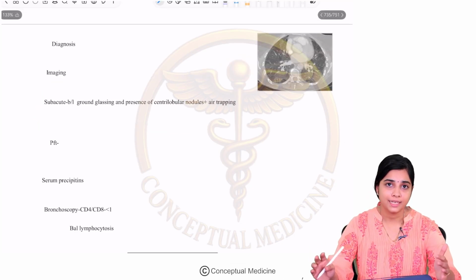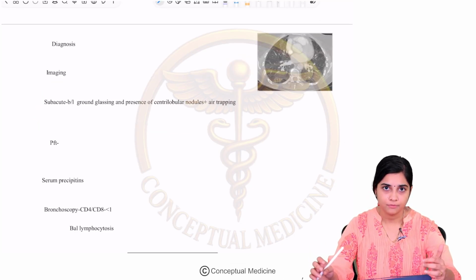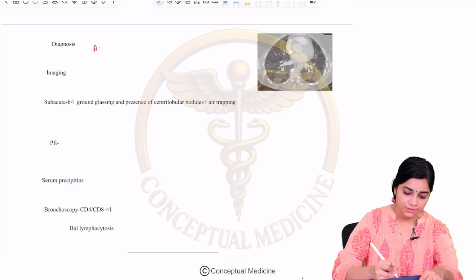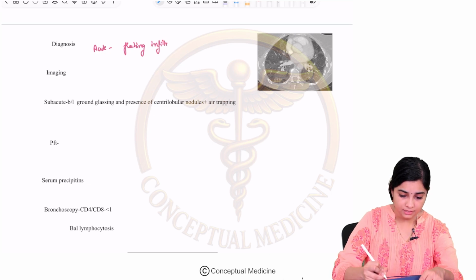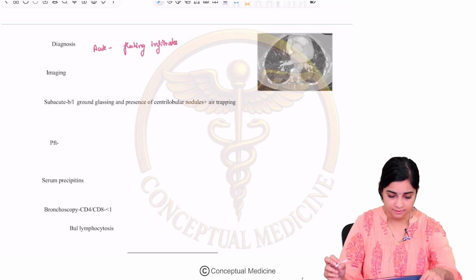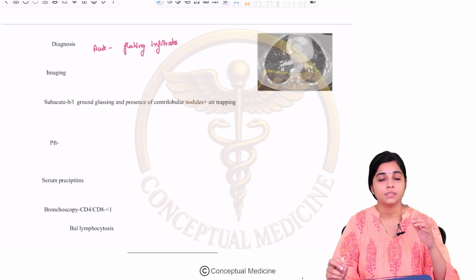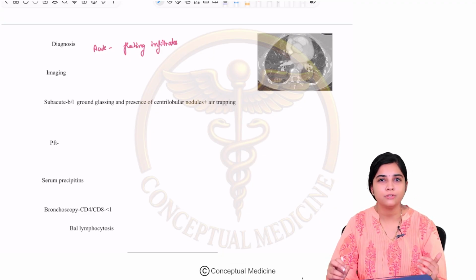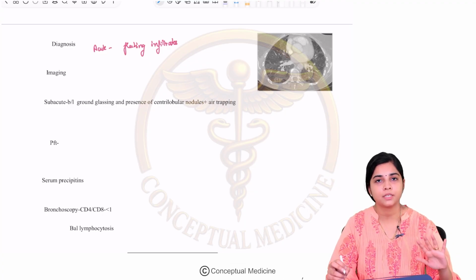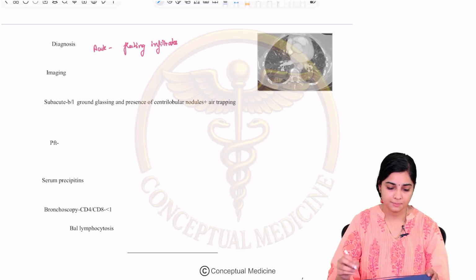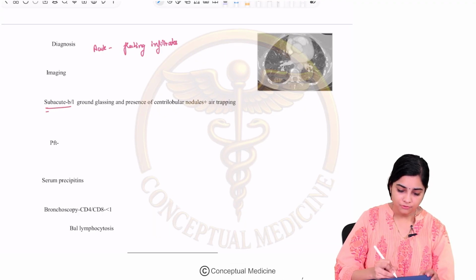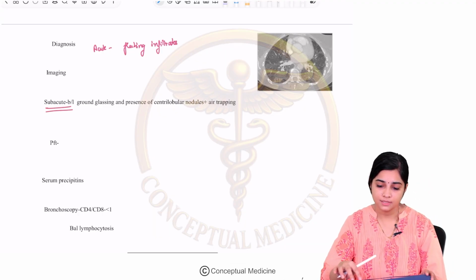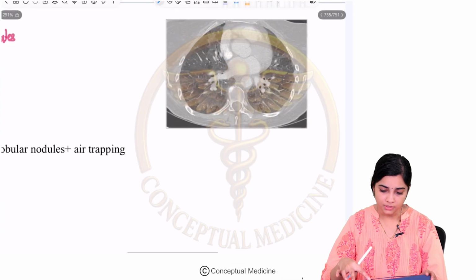So how do we diagnose HSP? Fine. In acute HSP, you will have fleeting infiltrates. You will have fleeting infiltrates in the acute forms of hypersensitivity pneumonitis. The diagnosis of acute forms is quite difficult to make because they largely mimic community acquired infections. In the subacute forms, this is what you have to remember as a spotter.